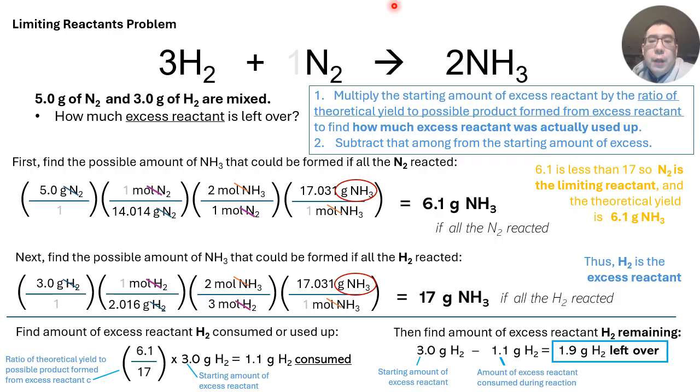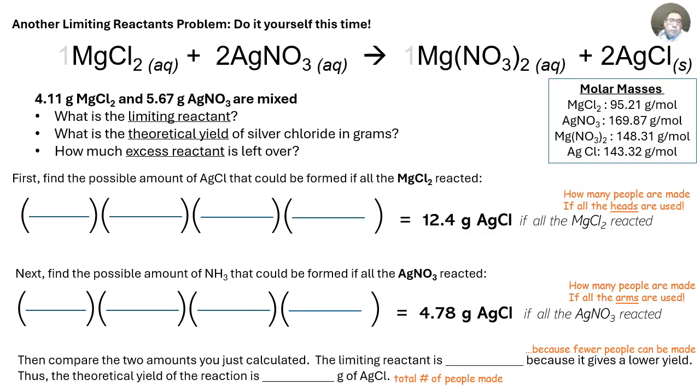Now, here is another problem. Okay, so here's the next problem that we're going to do. We have one MgCl2 reacts with 2 AgNO3. Right?